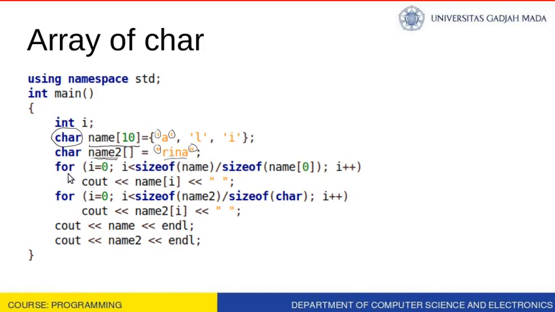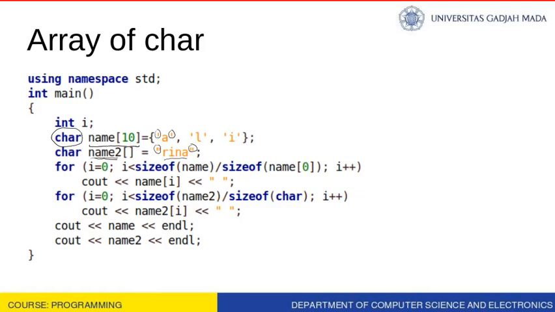So you can treat it as a regular array that we have already learned before, a single dimensional array. If you want to access the elements of this array of char, you can use sizeof, just like the previous example. This is the same for the name2 array.